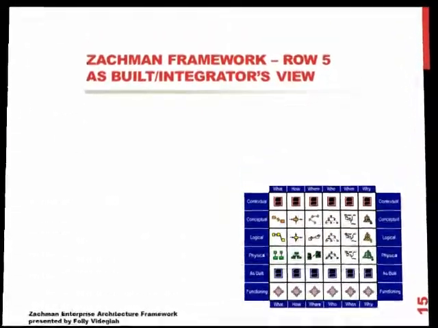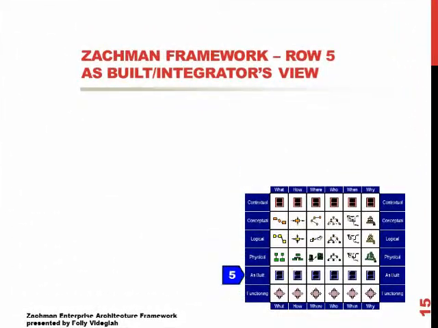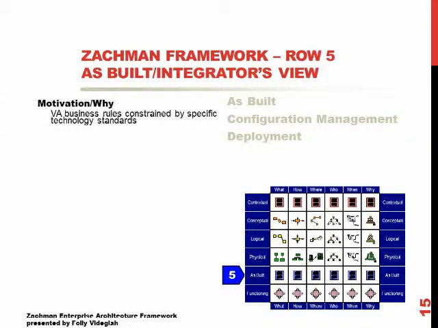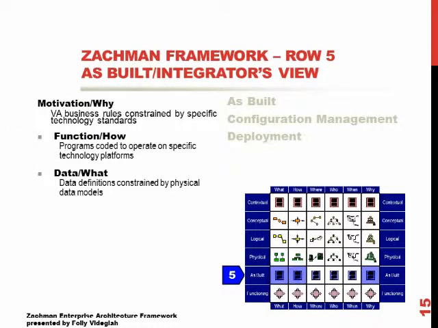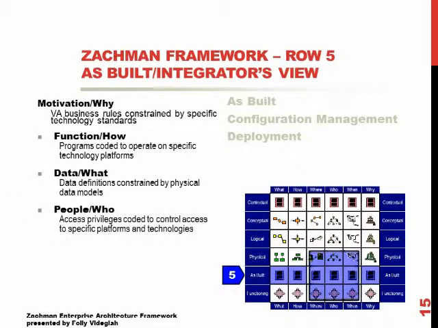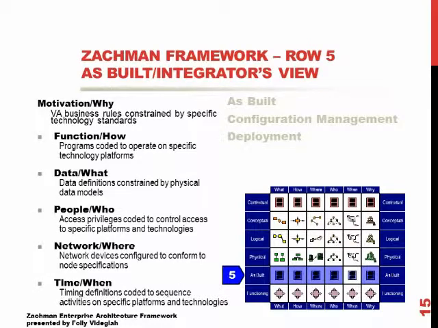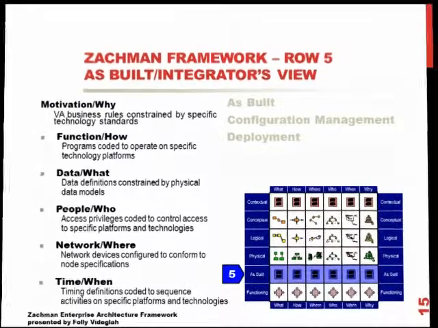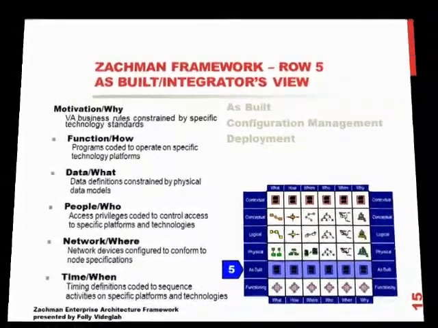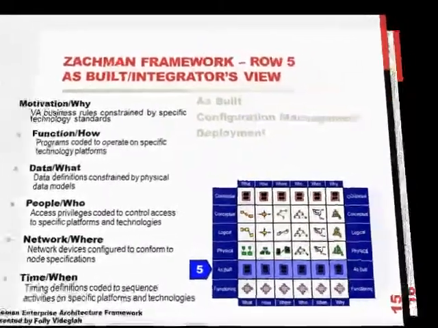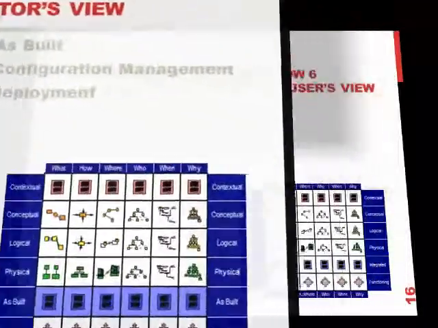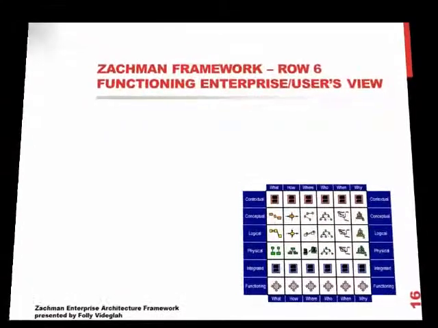Now we're tackling row 5: how can we integrate all that? So the integrator view: configuration management, deployment, program code to operate on a specific platform, data definition constrained by the physical data model, access privilege coded in access code, network device configuration to conform with the node specification, and time, when, is always there.